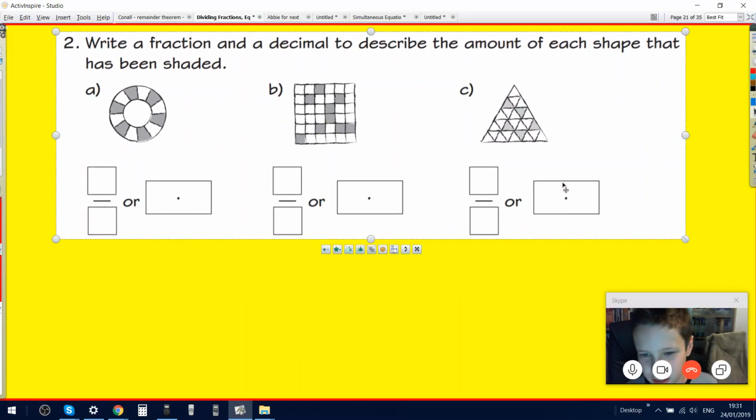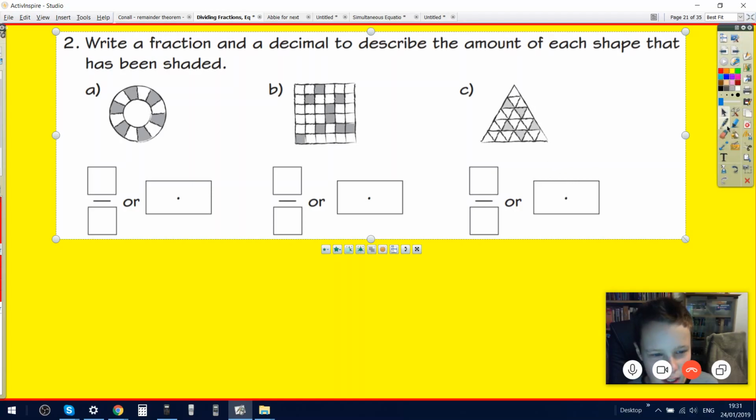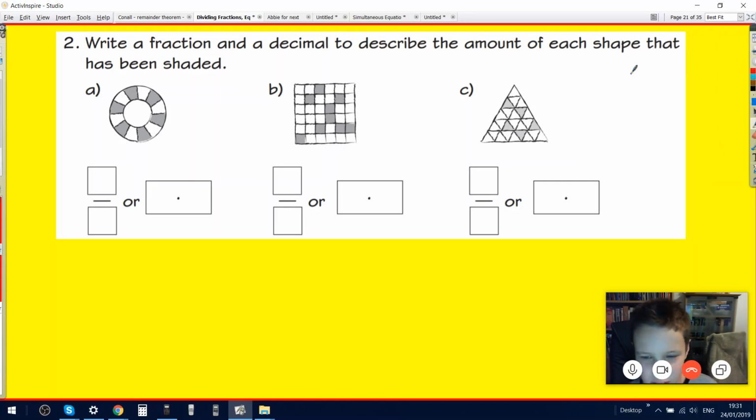What is shaded? We'll write a fraction and a decimal to describe the amount of each shape that has been shaded. Well, for C, 5 of the triangles in part C have been shaded, and in total there are 25 triangles.